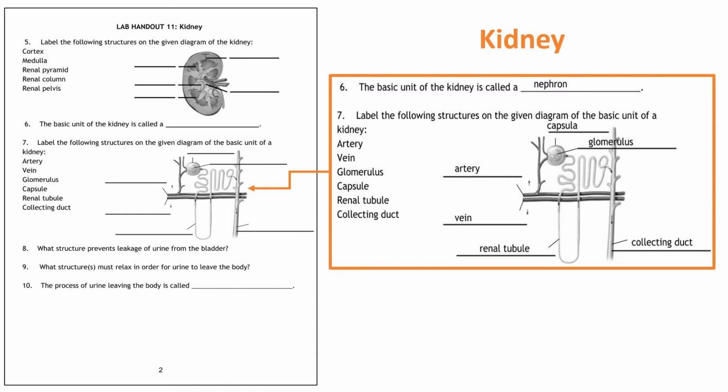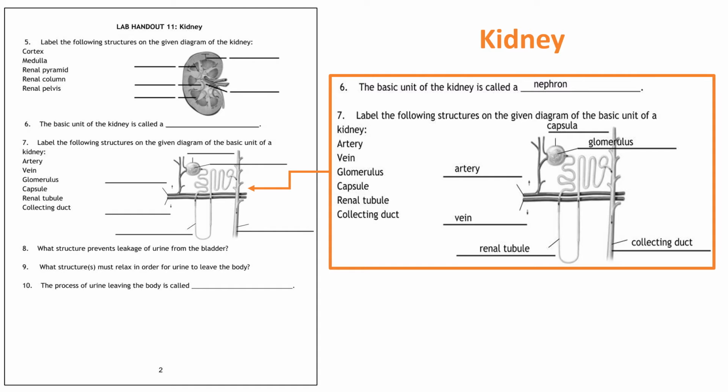The basic unit of the kidney is called a nephron. Now, let's label the nephron. The center above the ball is capsule. Then beneath that, directly in the ball, we have glomerulus.